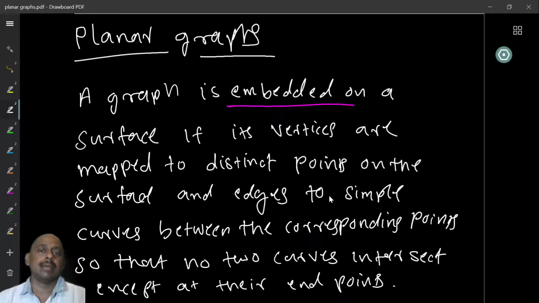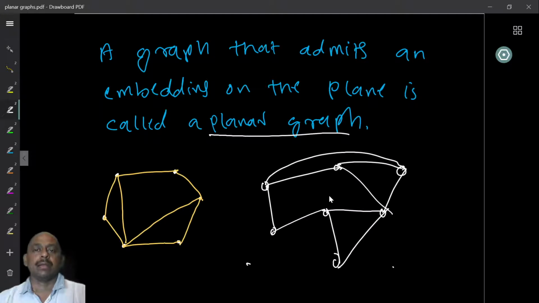If such a drawing is possible, then we say this is an embedding of the graph on that surface. Now, if this particular surface happens to be the plane R2, then we say the graph is planar. A graph that admits an embedding on the plane is called planar.